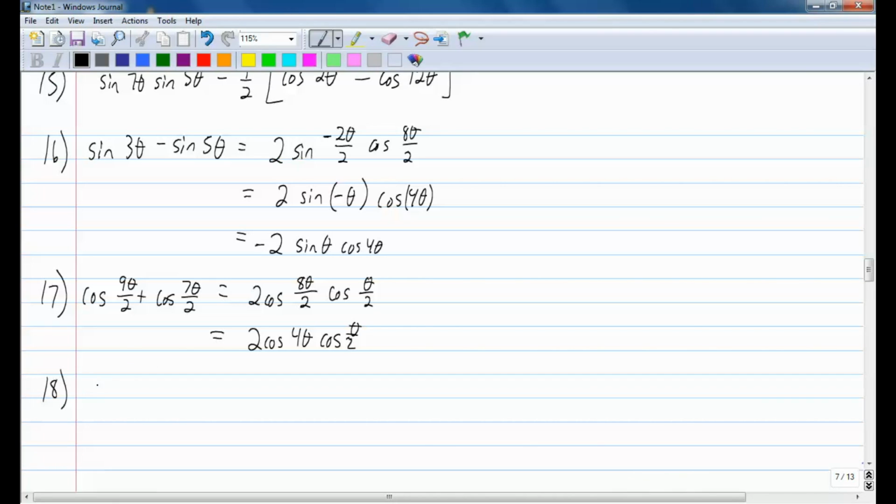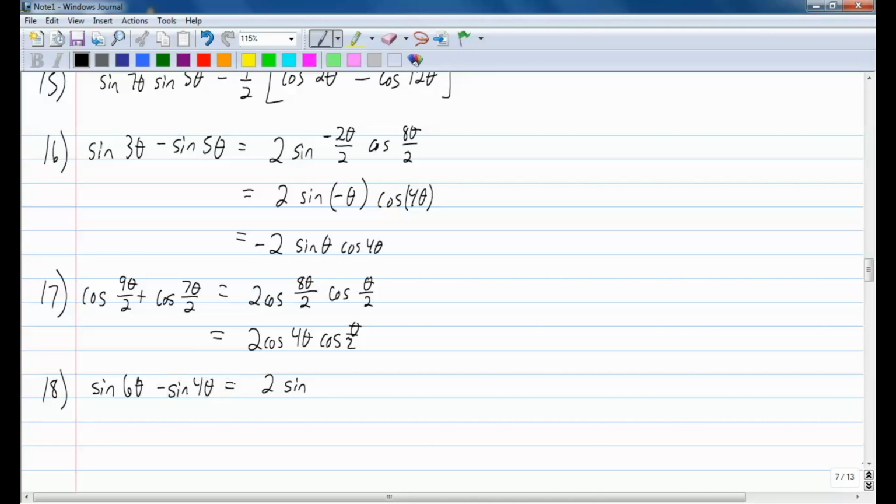Problem number 18, the sine of 6 theta minus the sine of 4 theta. Alright, so we want to take this difference and we want to change it into a product. So that's going to be equal to 2 times the sine of alpha minus beta, so that's 6 theta minus 4 theta divided by 2.